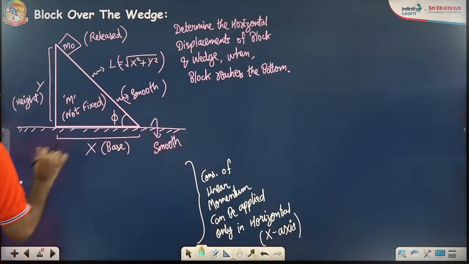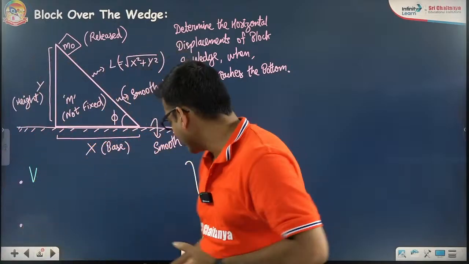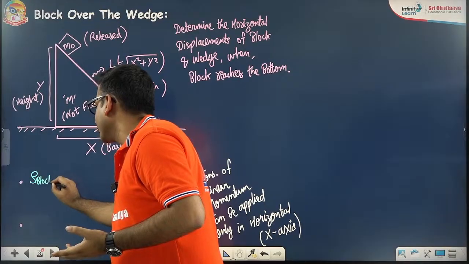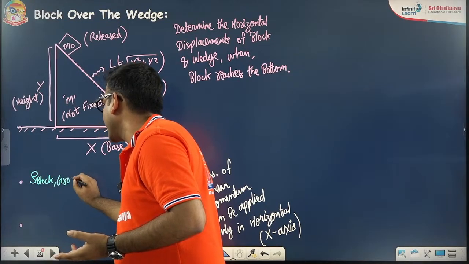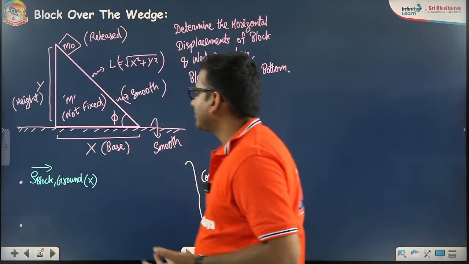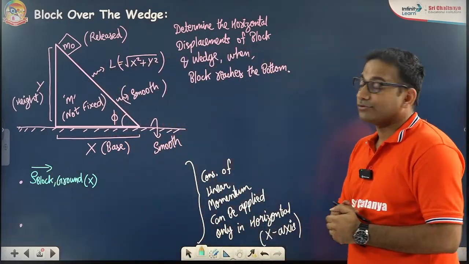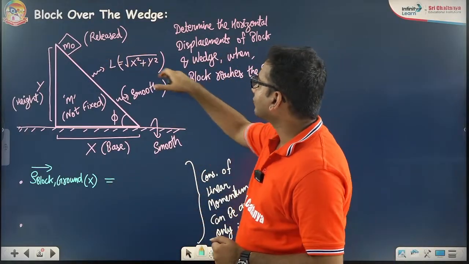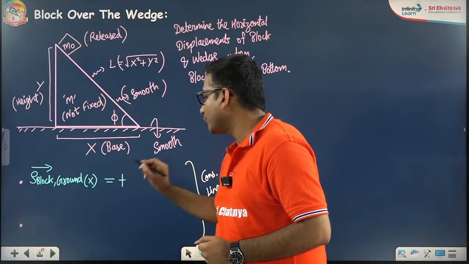In this situation, they are asking not the velocity but the displacement of the block with respect to ground, and they can ask that in the x-axis. Since the block will be shifted in the forward direction, that should be positive.